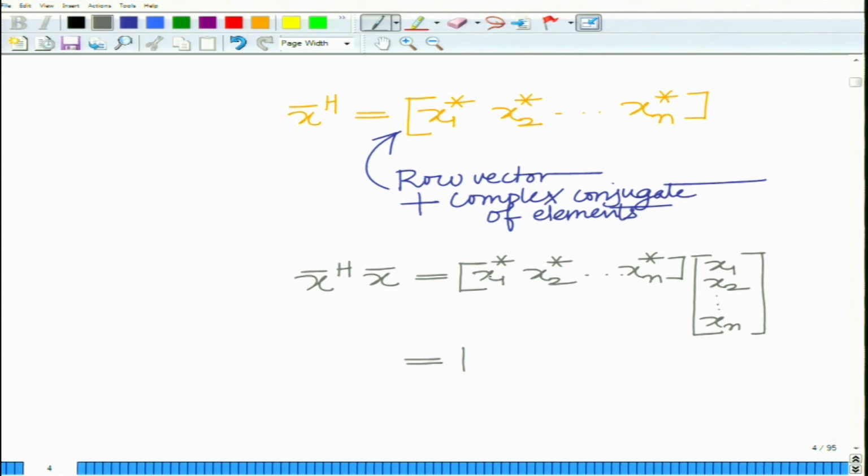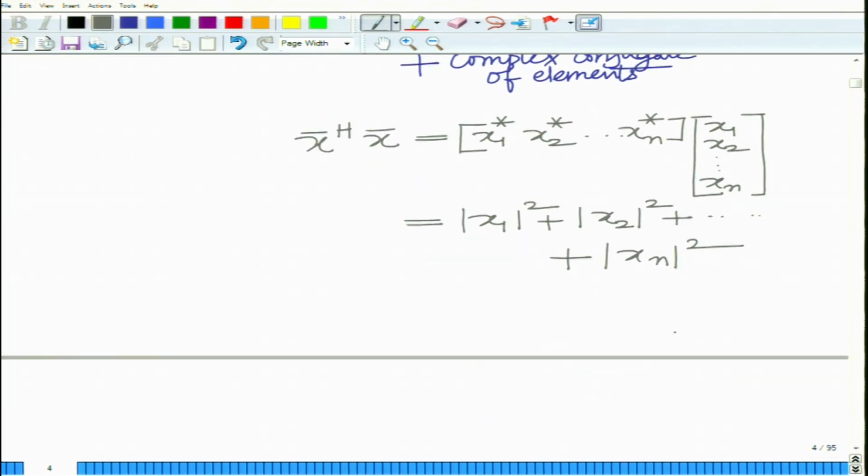Look at this, this is x1 conjugate into x1, that is magnitude x1 square, plus magnitude x2 square, plus so on up to magnitude xn square, which is once again equal to the L2 norm of x bar square. You can also write a 2 in the subscript to indicate that it is the L2 norm.